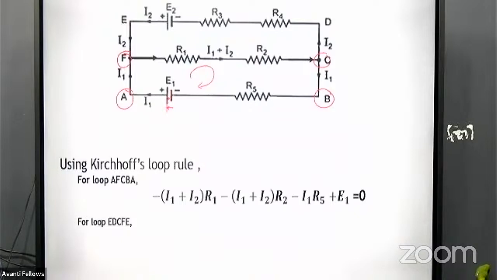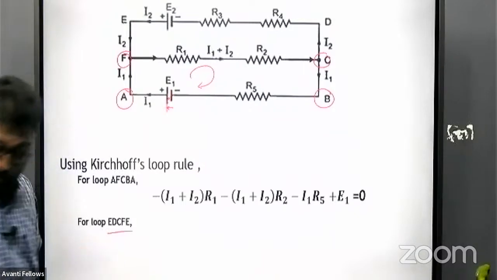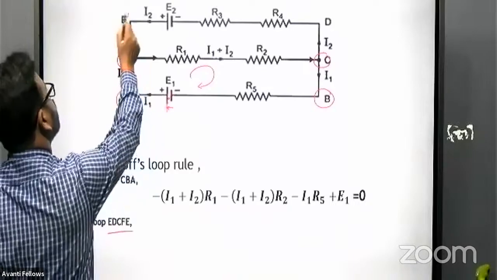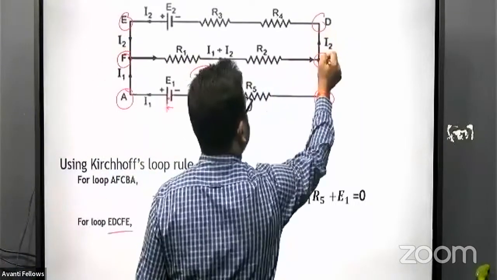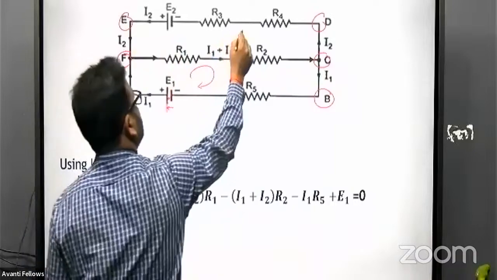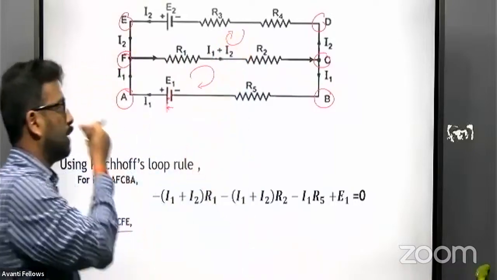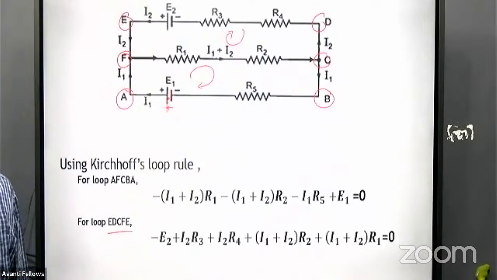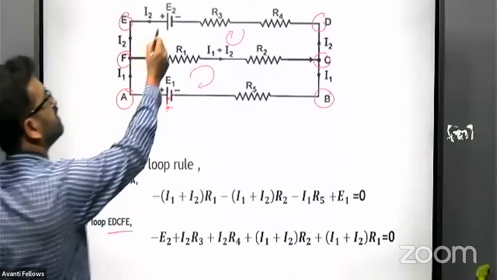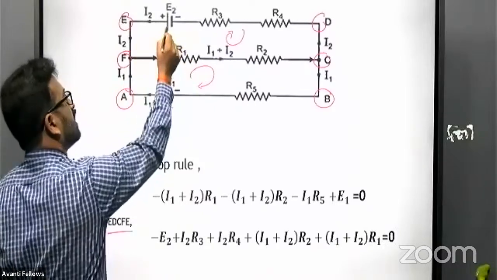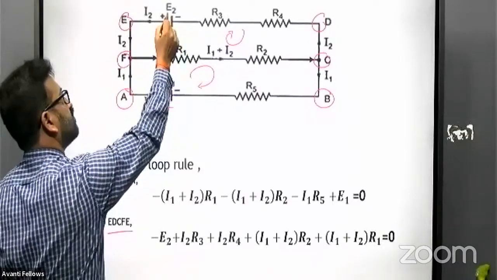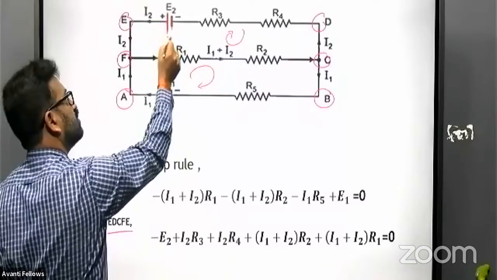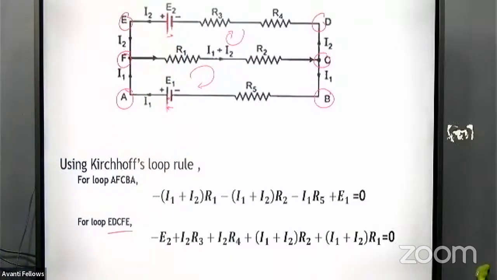Then EDCFE, that's E, D, C, F, E. Here it is from positive to negative through the electrolyte, from positive of the cell to the negative of the cell, so the cell should be taken as negative.